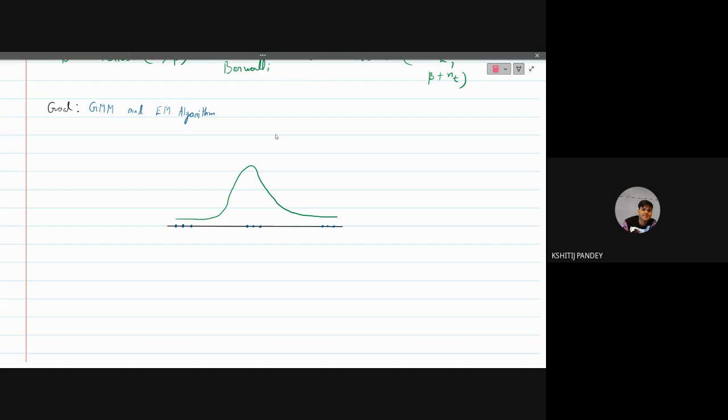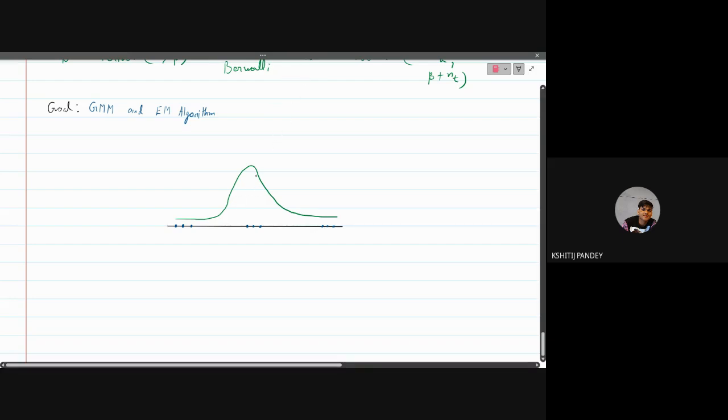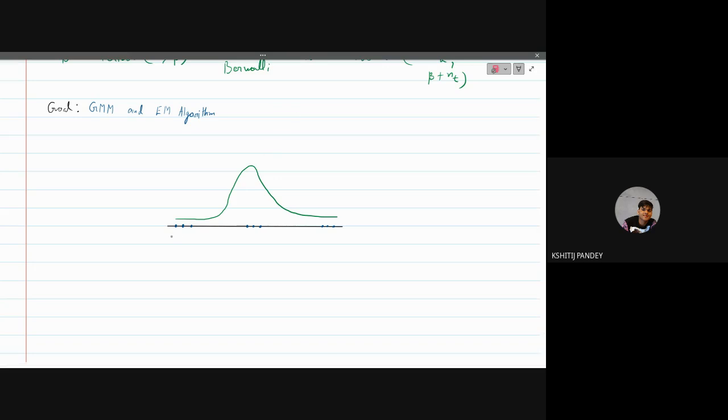But what could be the problem with this distribution? Anyone? What could be the problem with this Gaussian distribution generating this data? Hello, are you guys there?